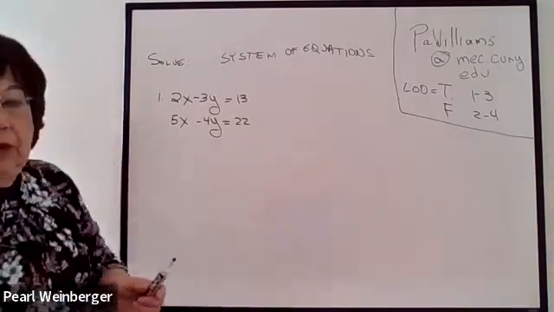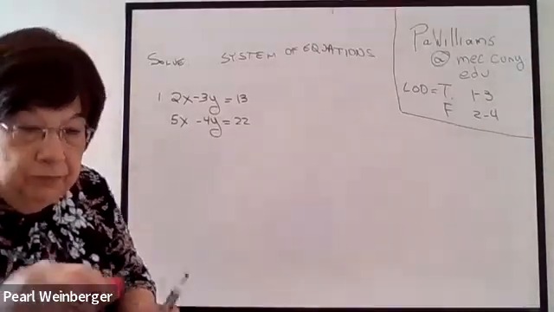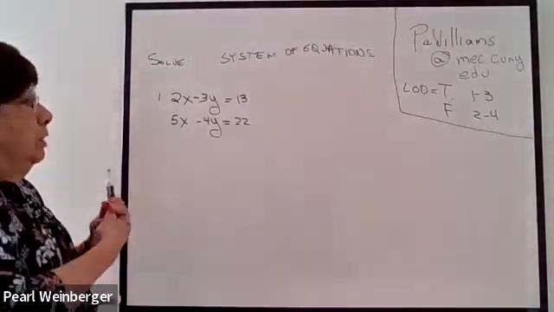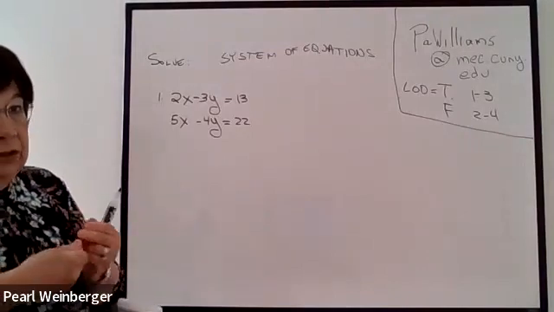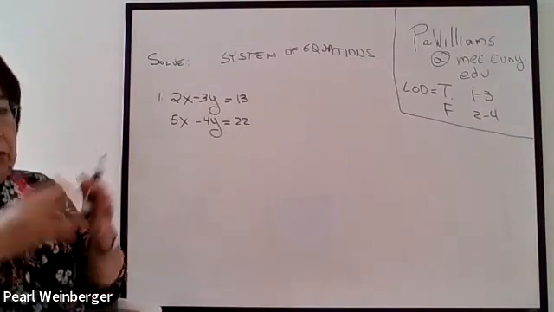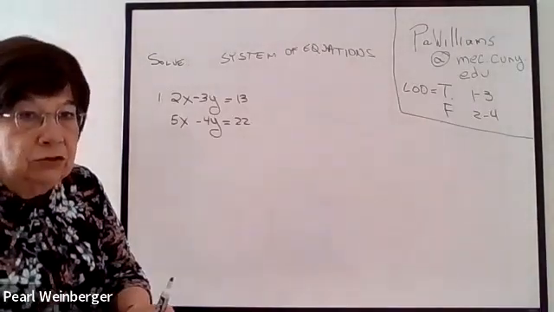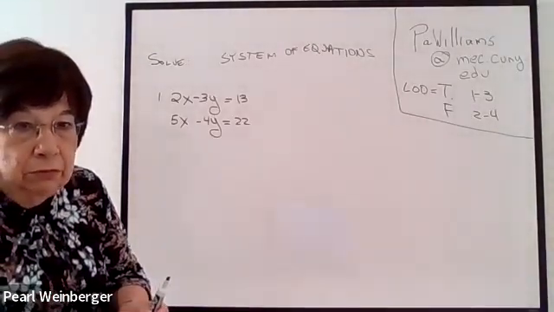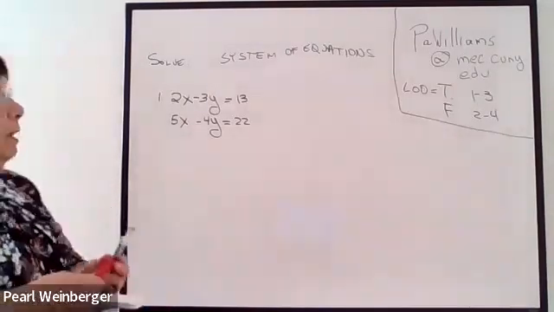I did mention this the other day, but I'm going to repeat it. What you can do is look at the equations and decide which variable you want to eliminate. Which one do you want to get rid of? Anybody have a suggestion? Should I get rid of the x or should I get rid of the y? X. X, okay.